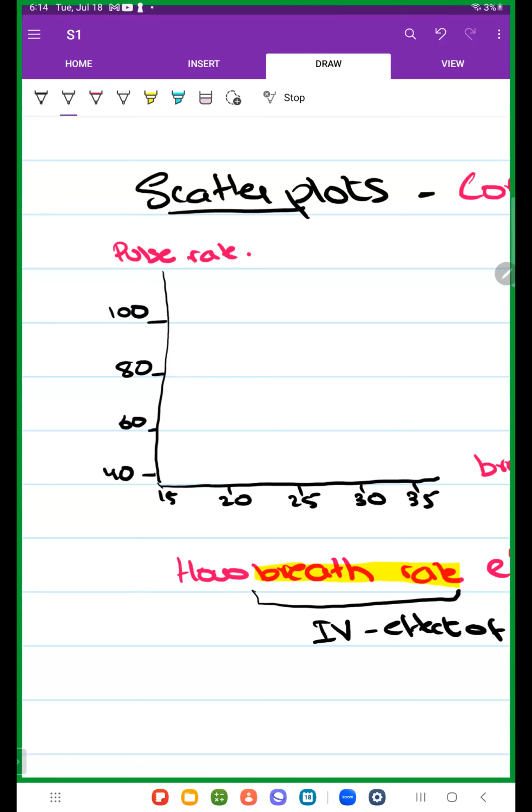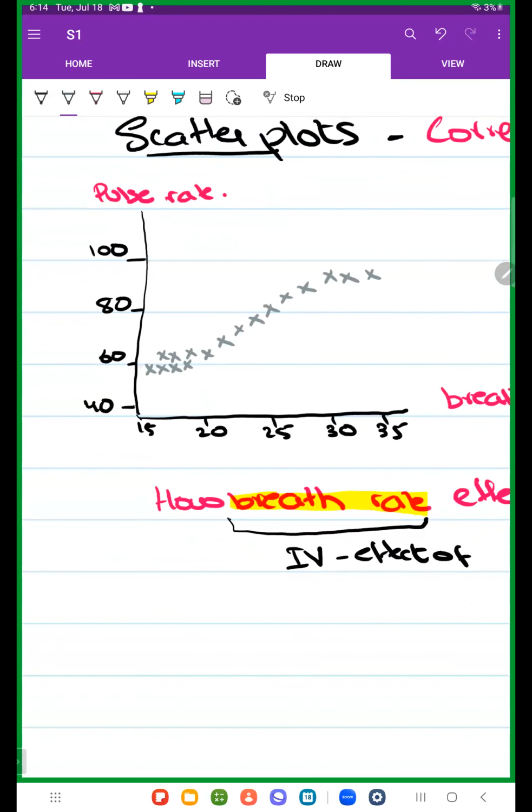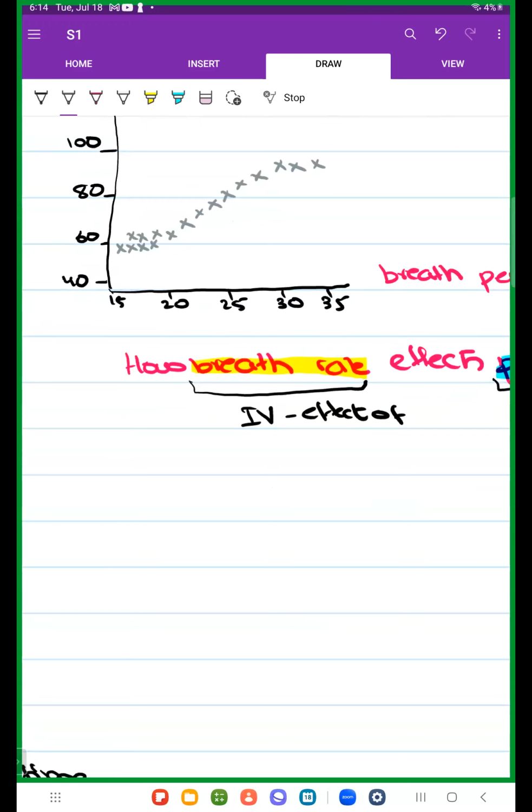Now when marking on the scatter plot, we mark x's. These are basically the points. I'm just plotting it randomly right now, but you will get a table for it. On a scatter plot, you just plot the points. Each x cross represents a data point.